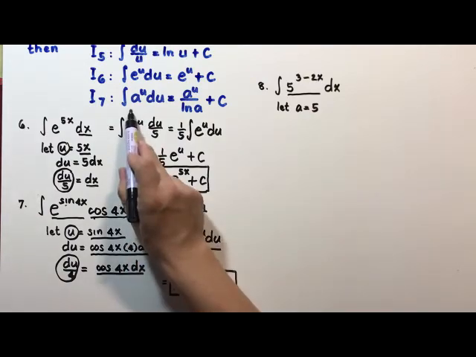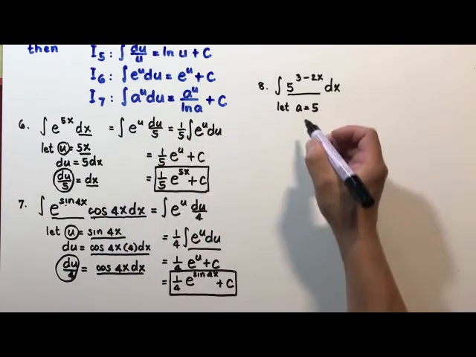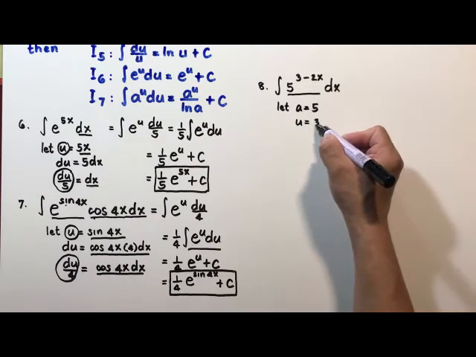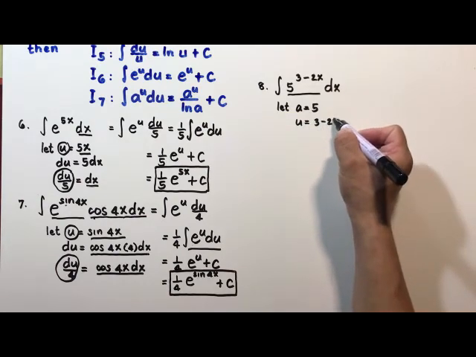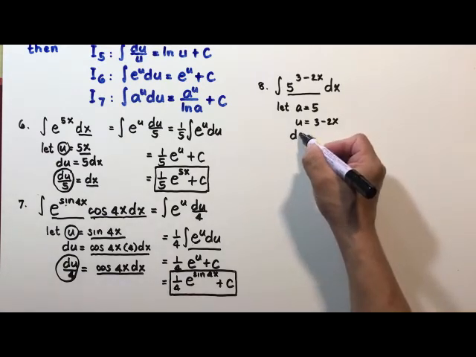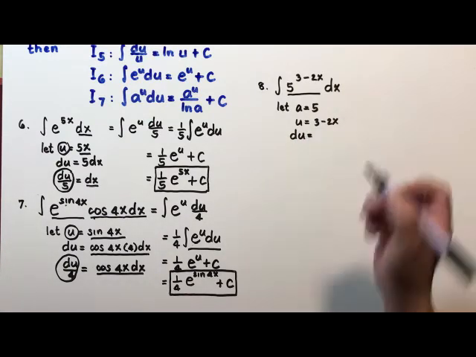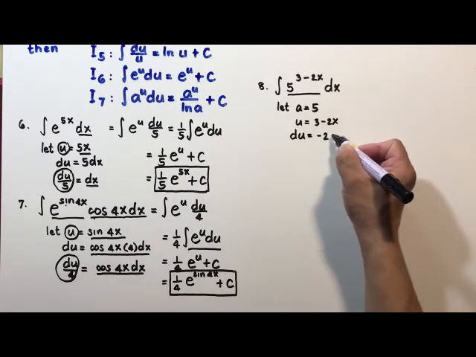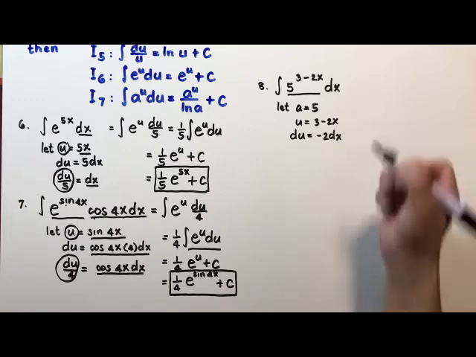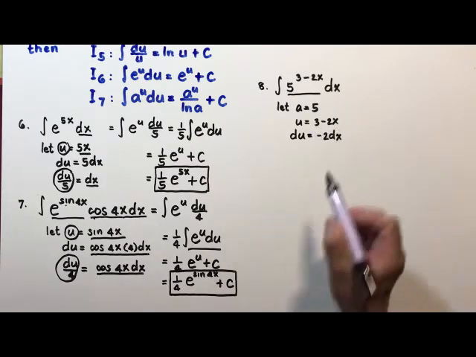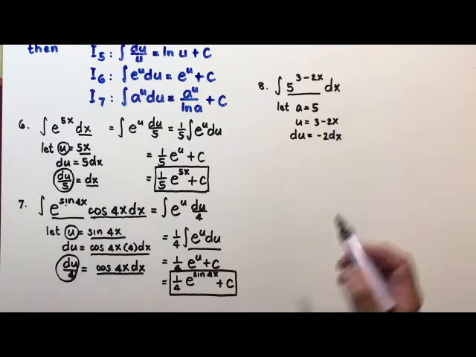so our base is 5, and our u, which is the exponent of 5, is equal to 3 minus 2x. I realize that when I get the derivative of this 3 minus 2x, du is just equal to negative 2 dx, because the derivative of 3 is 0 and the derivative of minus 2x is just negative 2.